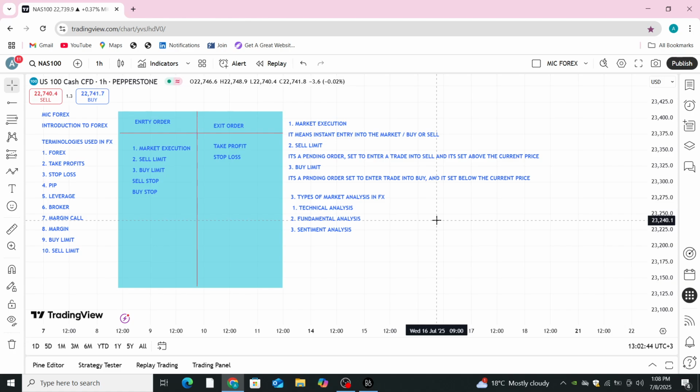But just to mention, we have Sydney, we have Tokyo, we have London, and we have New York. In Asia, we see some movement, though not much, but there is movement. Honestly, that is during the market open. Then we have London, middle impact.